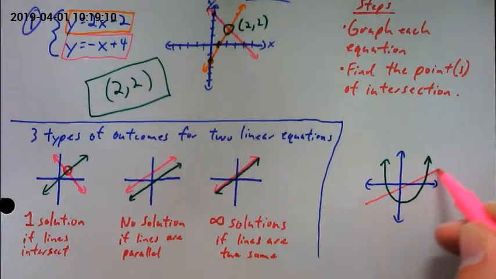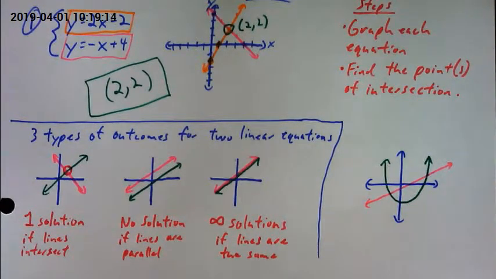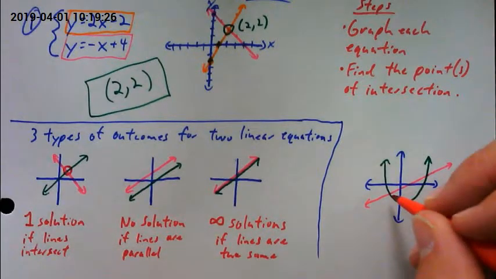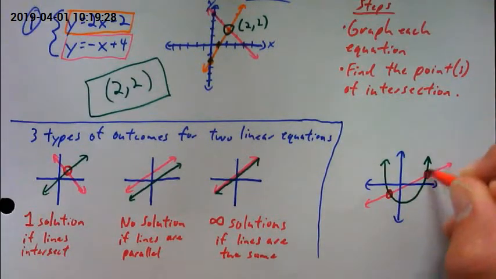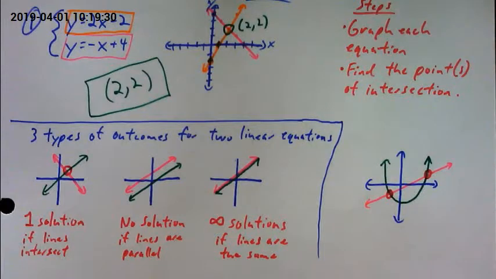Because if I had, say, a parabola, which we did in our last section, with a line intersecting, could you still identify your solutions here from a graph? Yeah, because it's just wherever they intersect. Now, is that going to follow these rules? No, these are only for two linear equations.